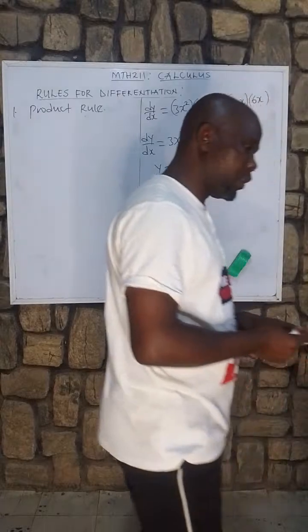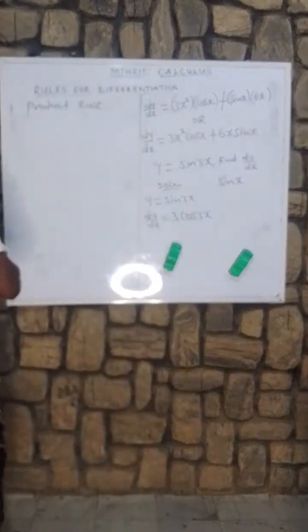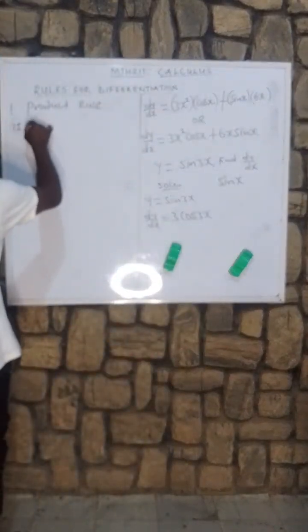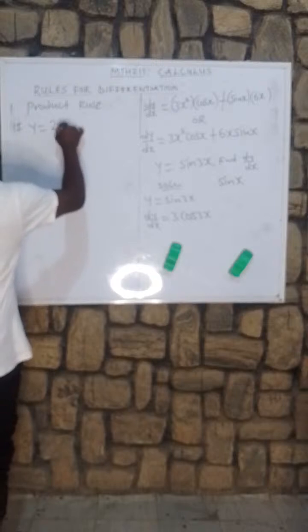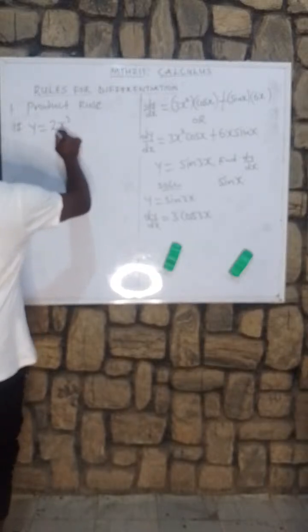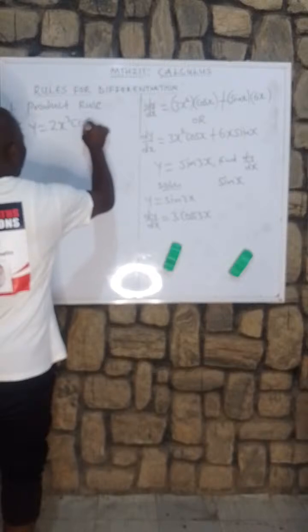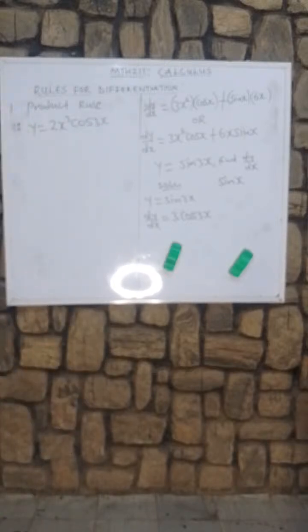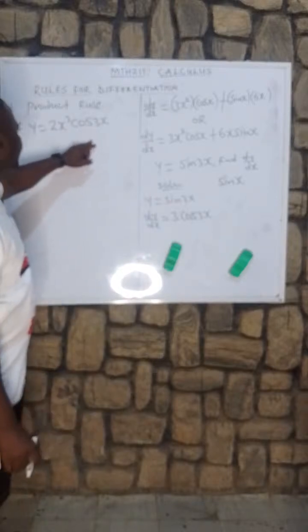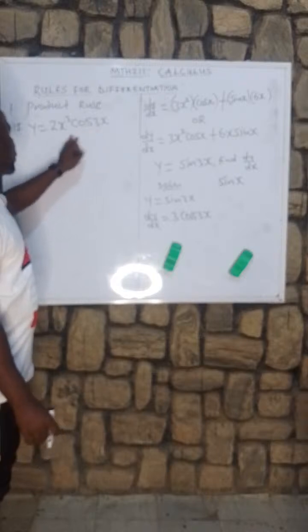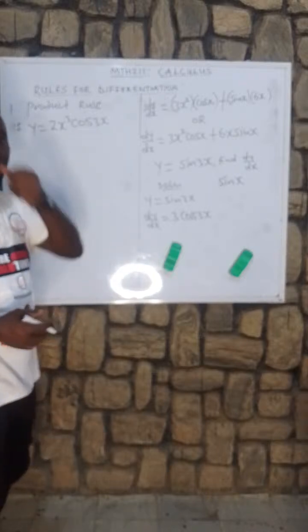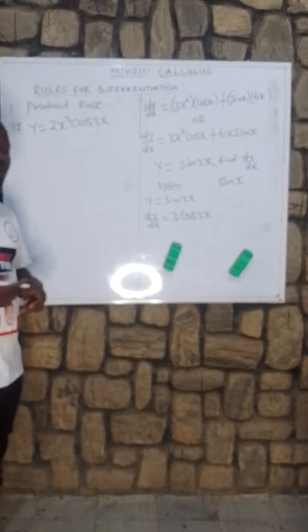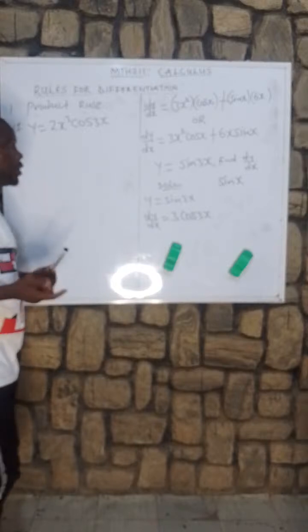If y equals 2x cubed times cos 3x, it is as simple as ABC. You don't need a prophet to tell you. We have two functions multiplying each other, true or false? So you have to apply the product rule.